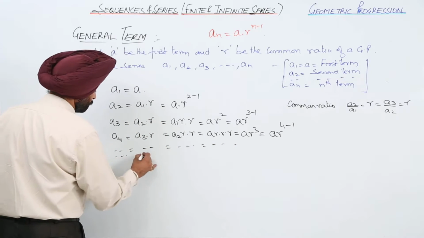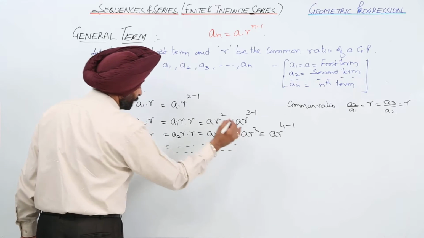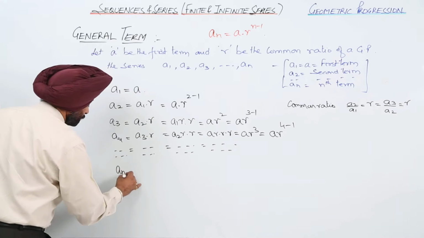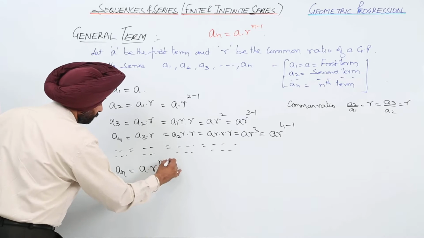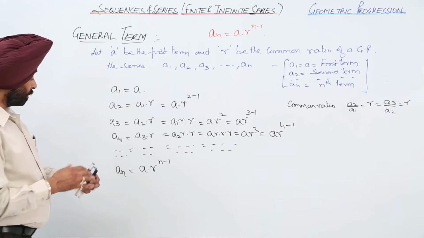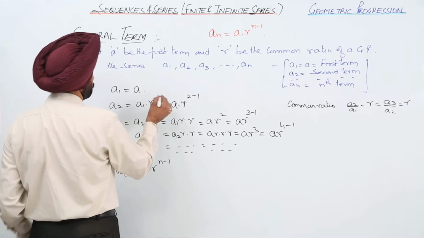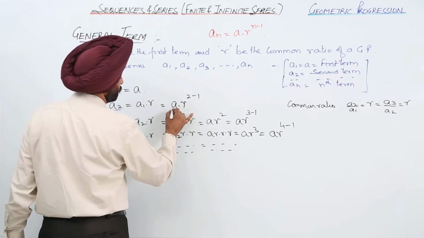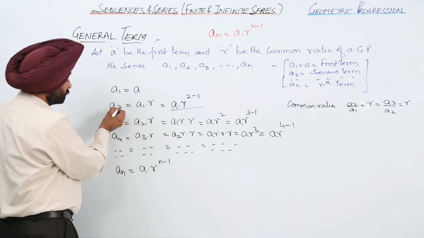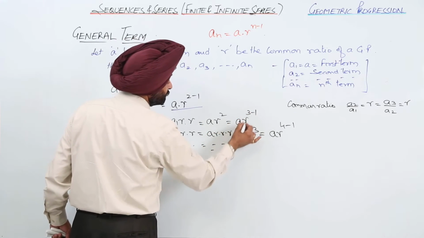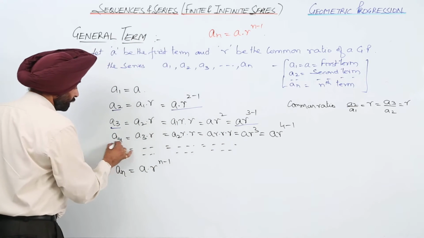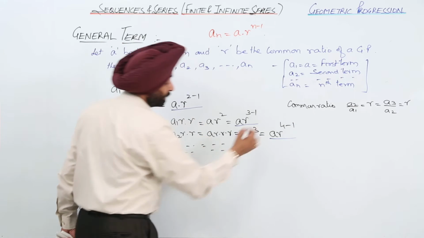Like this one. Now what is AN then? AN will be A times R raised to power n minus 1. Now how n minus 1? Just check it. A2 is AR to the power 2 minus 1. This is 2, 2 minus 1. A3 is AR to the power 3 minus 1. A4 is AR to the power 4 minus 1.